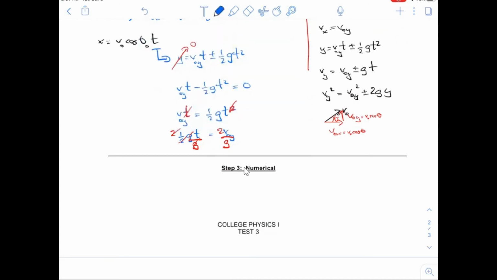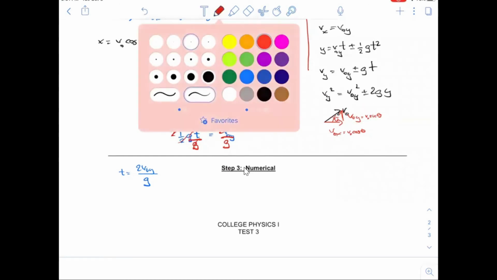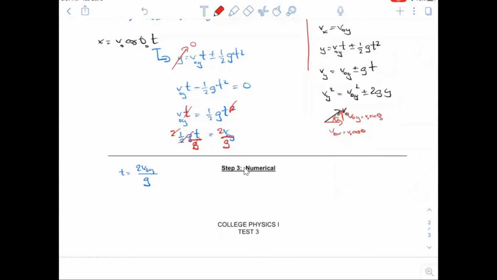All right, so t in this case is going to be 2 times the initial velocity along the y direction, divided by g. Initial velocity along the y direction can be expressed in terms of the initial velocity and the angle of the initial velocity. So here's the initial angle, here's the initial angle.